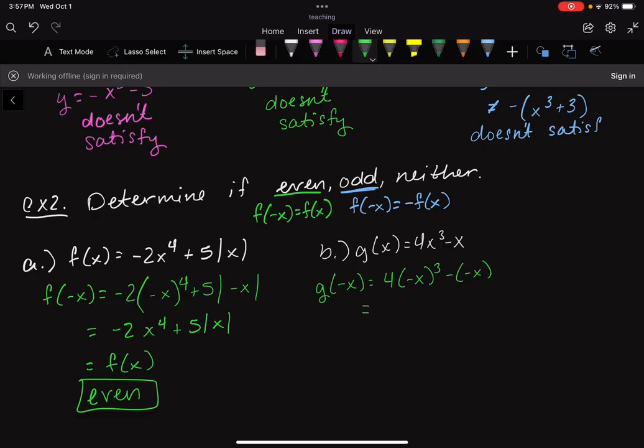Negative x cubed is the same as negative x cubed, plus x. I can pull that negative out to the front now. So negative 4x cubed plus x. And so if we look at this compared to my original, you see how both the signs just changed? Well, that means this is the same as negative g of x. So this is an odd function because we saw all of our signs flip.